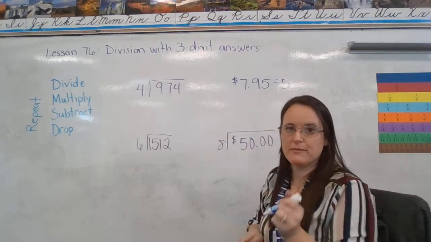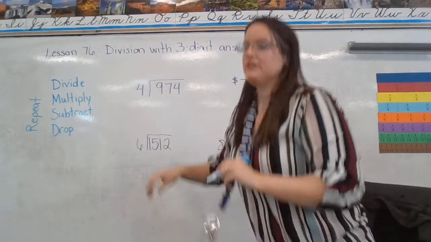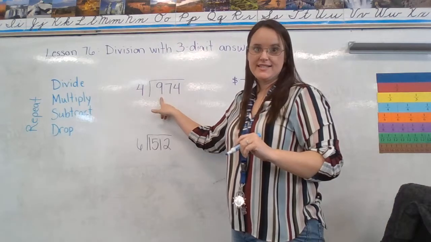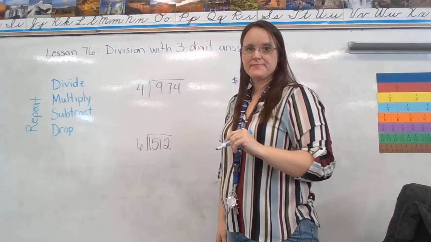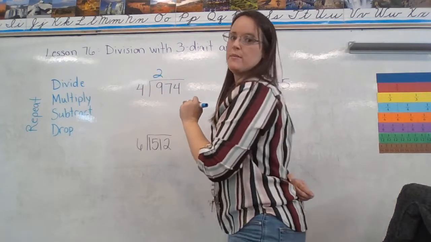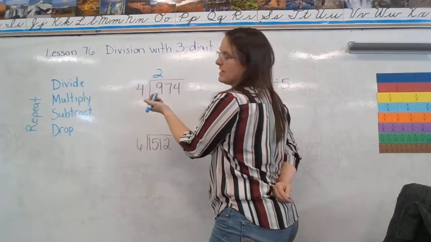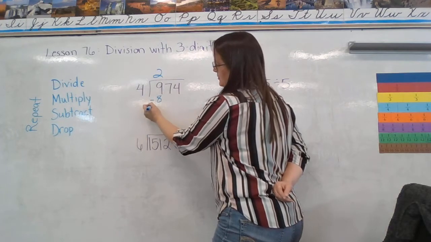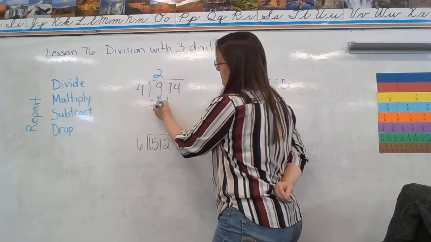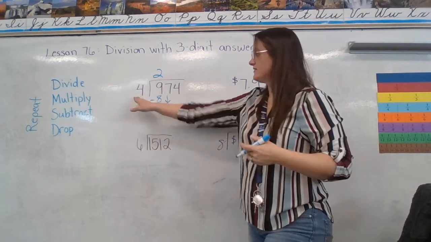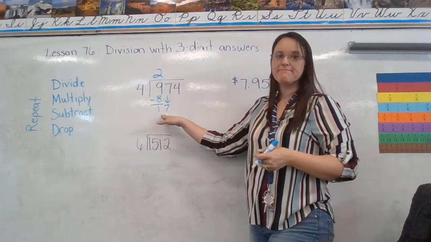Okay, so my first problem right here. Looking at the hundreds, does 4 go into 9? Yes, it does. How many times? 2. So we put a 2 up there, multiply. 2 times 4 is 8. Subtract, drop. Now we start over. Does 4 go into 17? Yes.